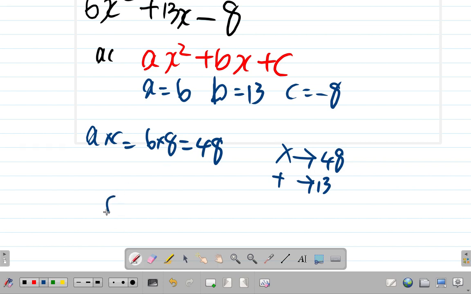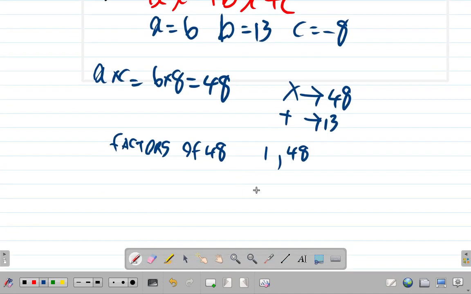So we're looking at factors of 48. You have 1 and 48, okay. You have 2 and 24. You have 3 and 16.